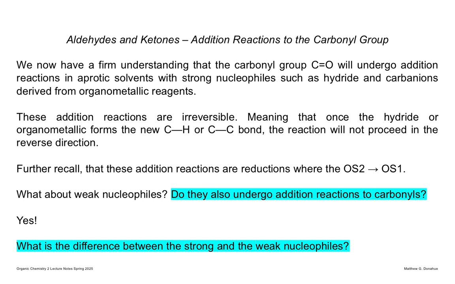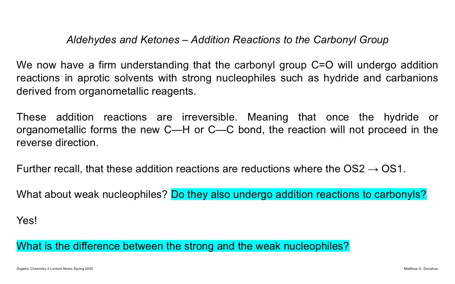So now this is the new stuff here. In the prior module, when we learned about hydride addition or organometallic addition, those are strong nucleophiles, meaning that when they add to the carbonyl, the reverse reaction will never happen. And that's based on pKa arguments. So the nucleophiles we learn now, they can add and then come off.